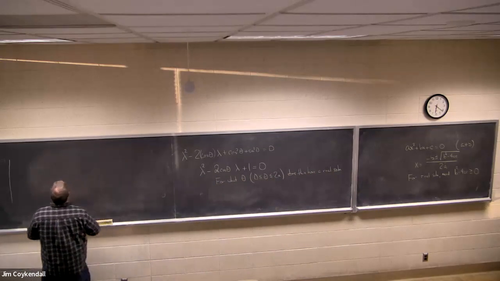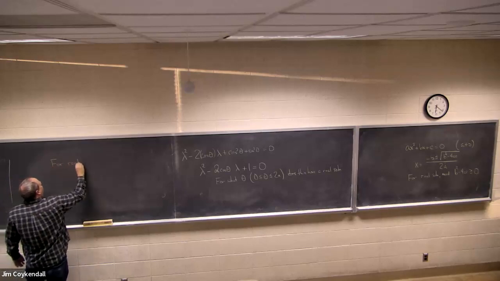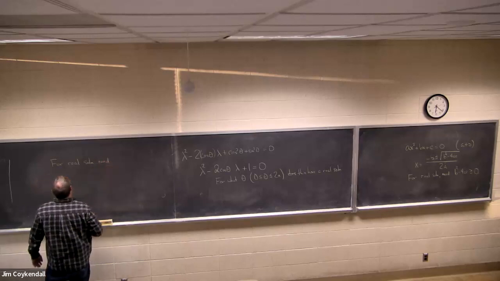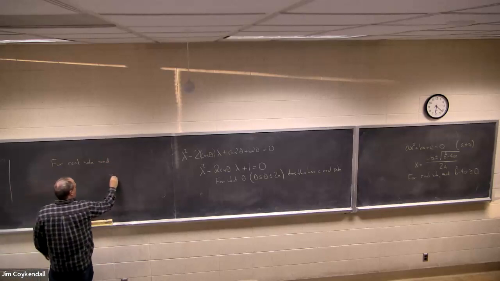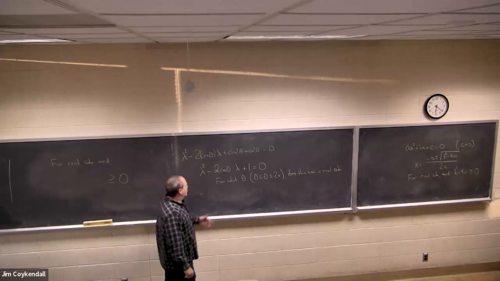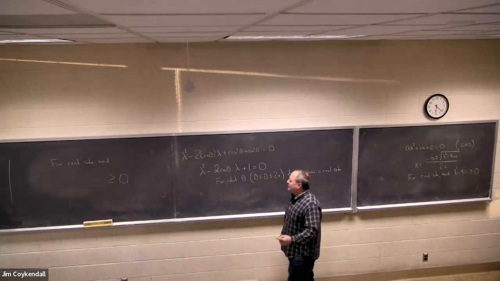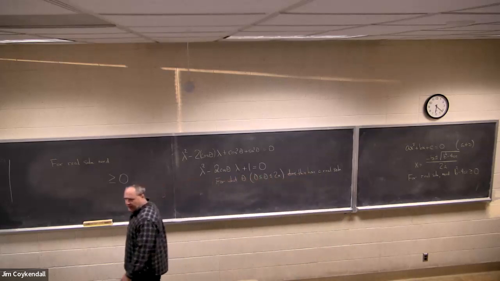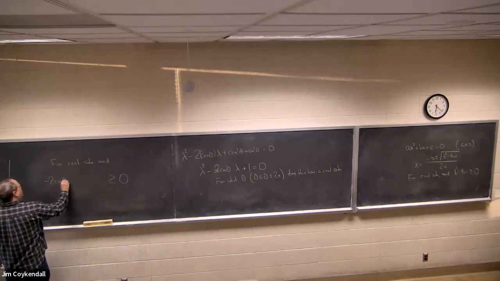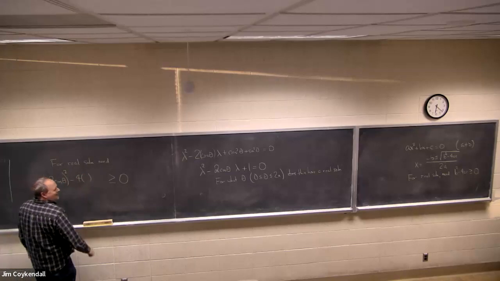So for a real solution, we need something greater than or equal to 0. B squared. For this particular problem, what is our B? Negative 2 cosine theta. Do I agree with that? Minus 4 times A. What's my A?